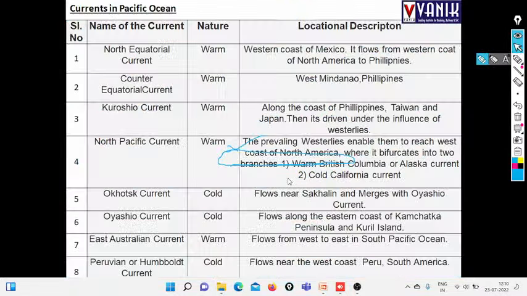By nature it is a warm current. Its location is the western coast of Mexico. It flows along the western coast of Mexico, and it flows from the western coast of North America to the Philippines.